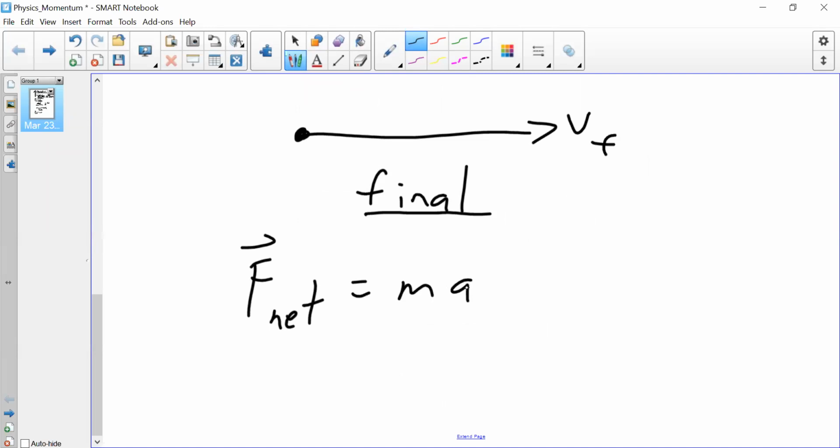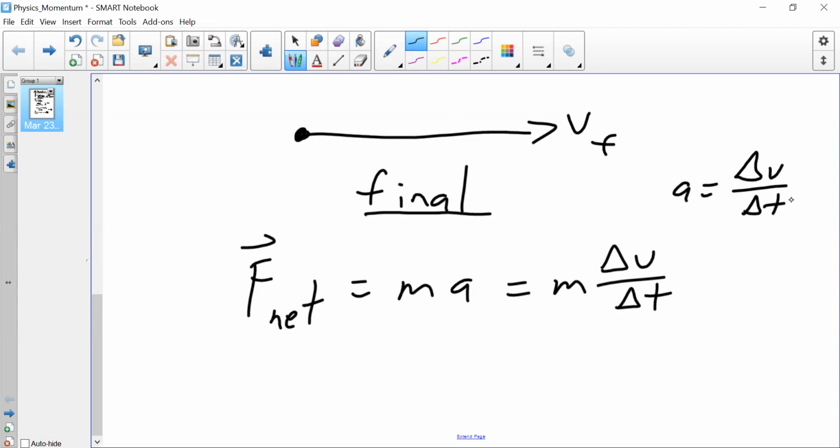And in terms of these velocities that we have, the initial velocity and the final velocity, we can represent this equation as mass times change in velocity over change in time, because acceleration is delta V over delta T from first principles. So we just make a substitution.